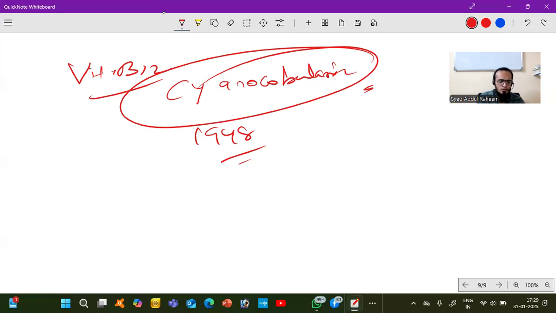Basically, you need to understand this absorption. Very important. When you are taking cyanocobalamine, in the stomach we have intrinsic factor, because we have numerous enzymes and HCl, which break down carbohydrates, proteins, fats, everything.